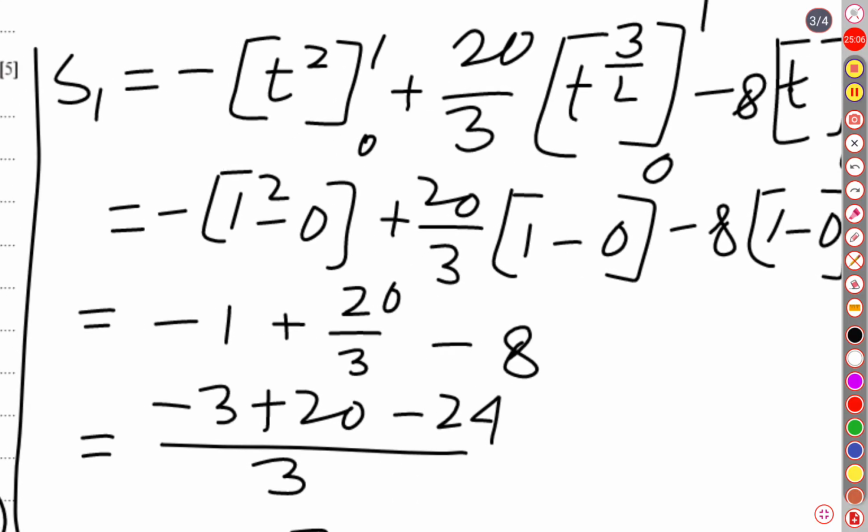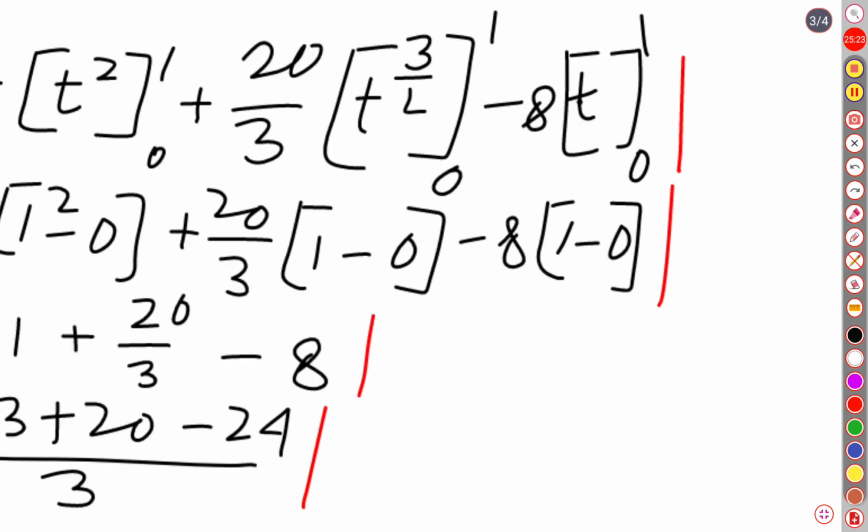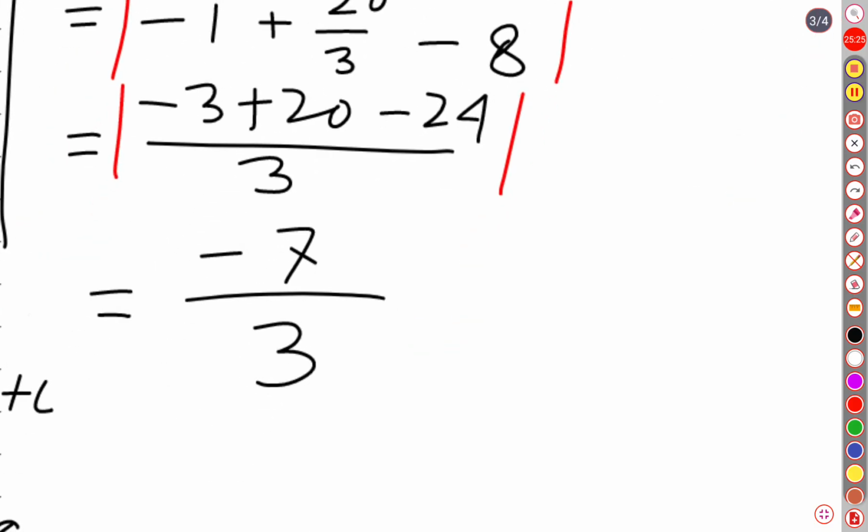We will use the modulus symbol over here, as well as over here, for getting the positive value. So ultimately the distance covered in the first 1 second is equal to 7 over 3 meters.